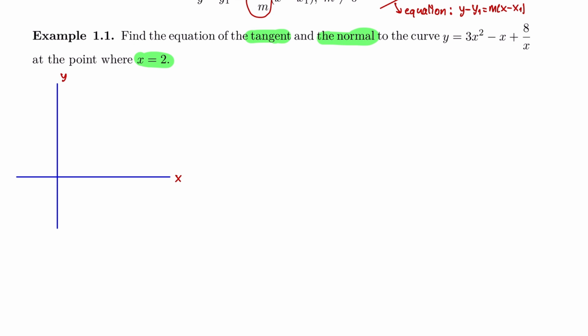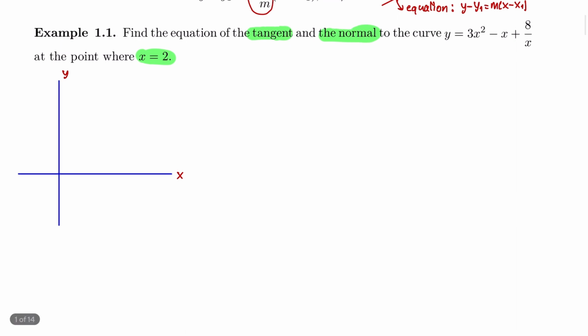Because we just need to find the equation of the tangent and the normal. I suppose it looks maybe like this. I'm not sure what it looks like. It might be like this, right? So now x equal to 2, suppose that it is here.